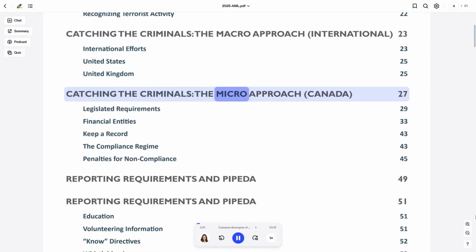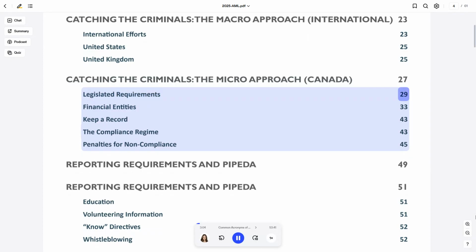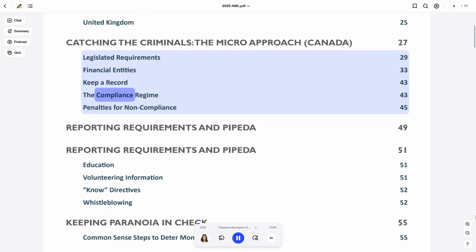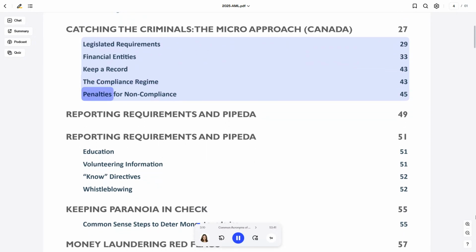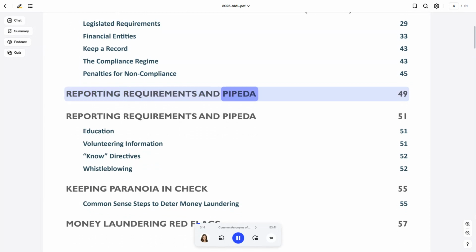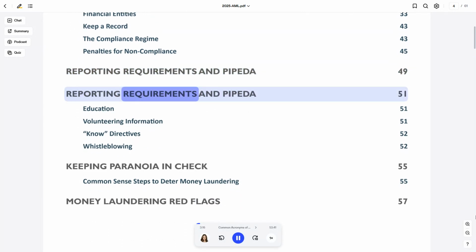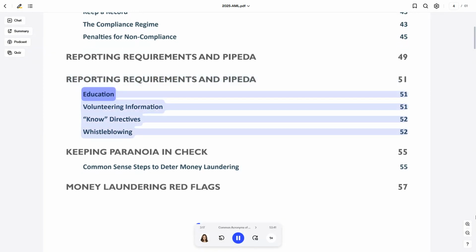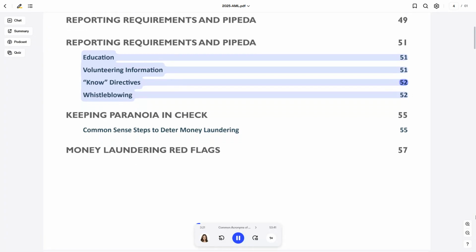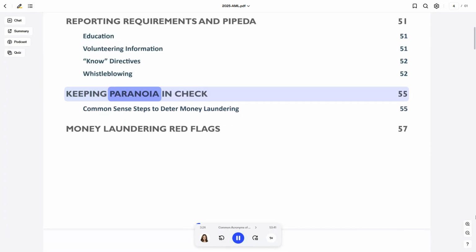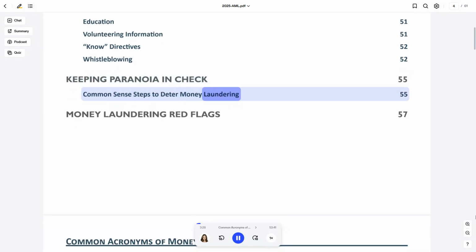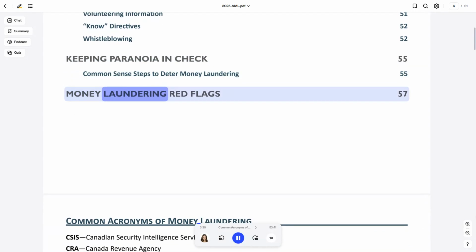Catching the criminals, the micro requirements: financial entities; keep a record; the compliance regime; penalties for non-compliance; reporting requirements and PIPEDA; education; volunteering information; no directives; whistleblowing; keeping paranoia in check; common sense steps to deter money laundering; money laundering red flags.